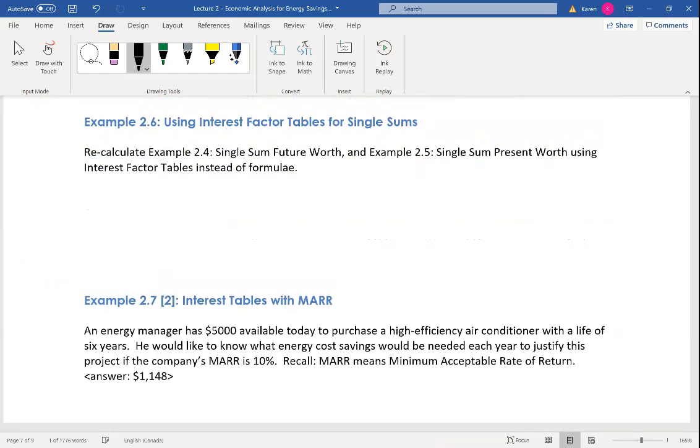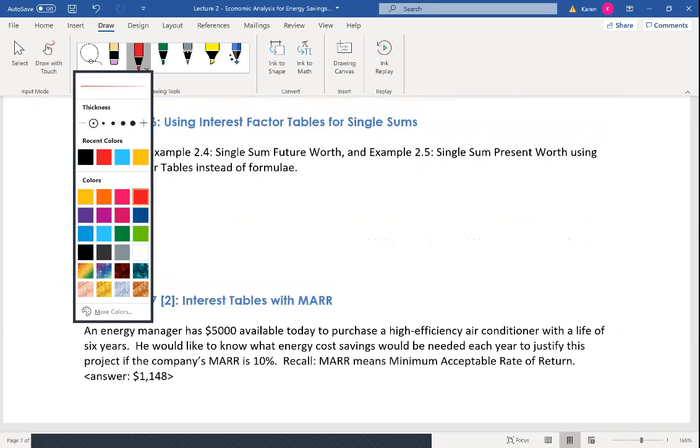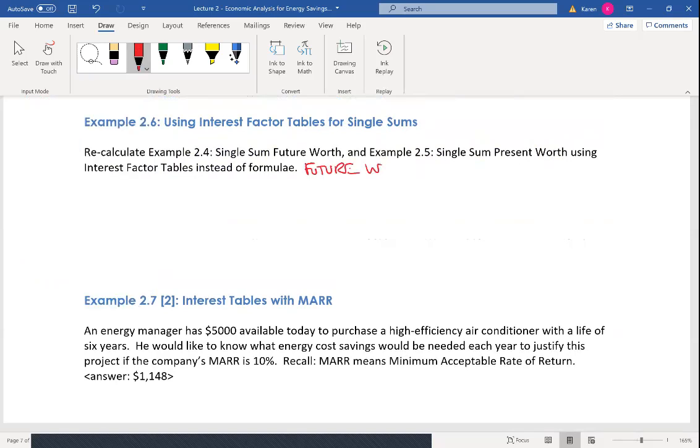So I want to calculate the future worth. That's called F, and it is a question mark. We don't know what it is. We want to calculate it. Well, we know that future worth is equal to the present worth times a factor from our charts.